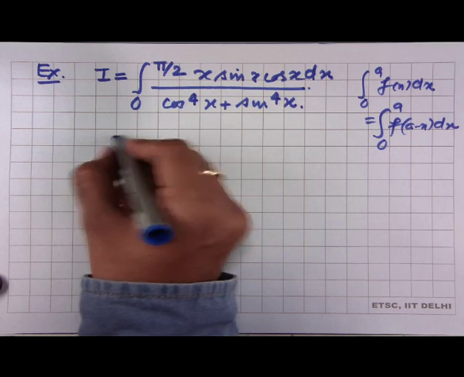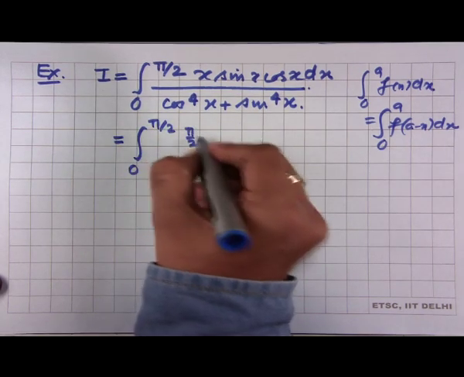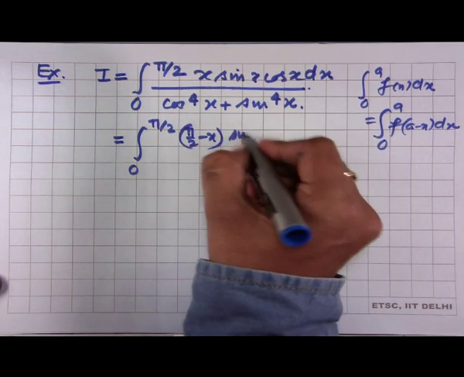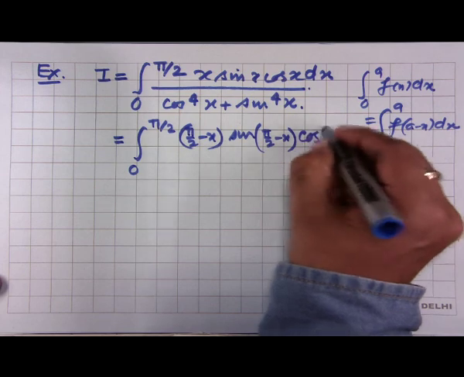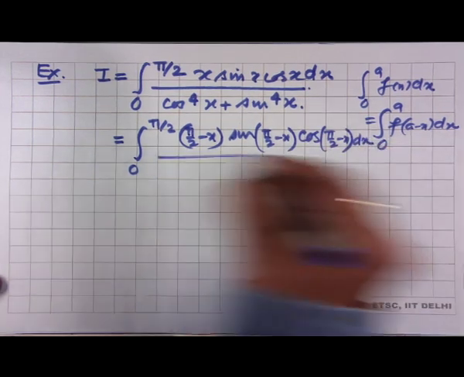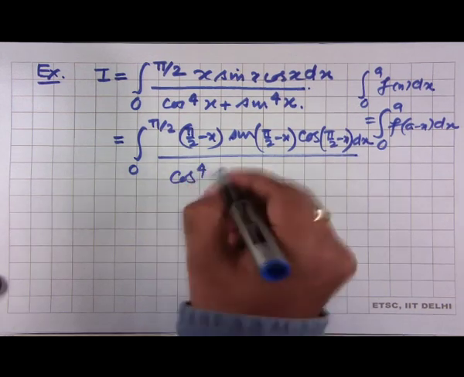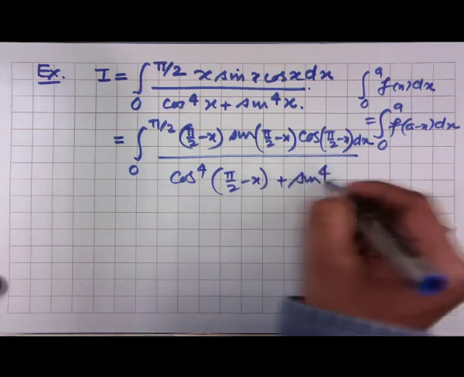So this will give you 0 to pi by 2, pi by 2 minus x, sin(pi by 2 minus x), cos(pi by 2 minus x) dx by cos power 4 of (pi by 2 minus x) plus sin power 4 of (pi by 2 minus x).